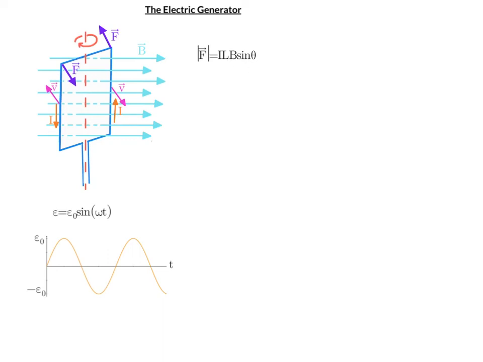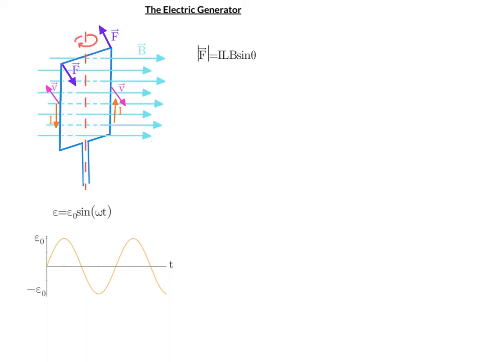And when we do the right-hand rule, we notice that when we place our hand in the direction of the current, bend our fingers in the direction of the magnetic field, our thumb is going to stick out this way. If we place our hand in this direction, bend our fingers in that direction, our thumb is going to stick out that way.